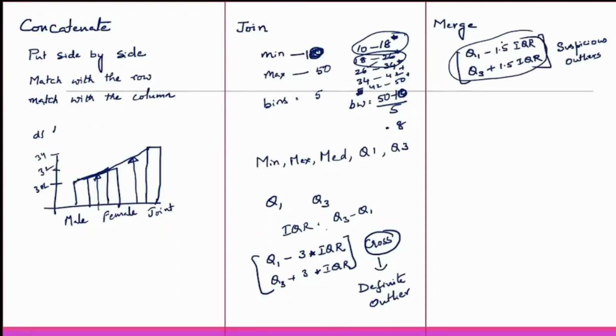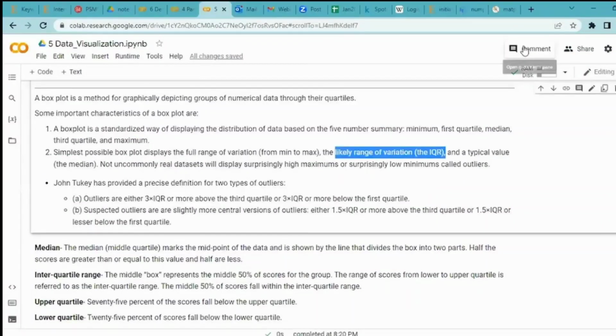So you may not want to take them so seriously, but still they are deviating a lot from the rest of the observations. But when we say 3 IQR outside Q1 and Q3, then we consider them serious outliers, and some kind of handling of those outliers is very much required.